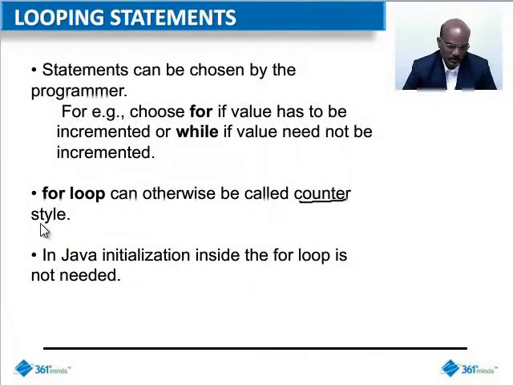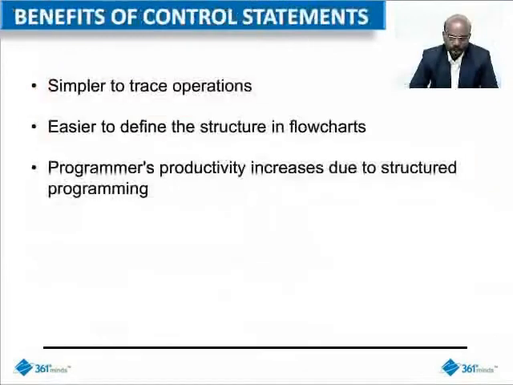The for loop is very simple. Usually programmers use the for loop quite often rather than the while loop. In Java, the initialization inside the loop is not needed for the for loop. So you can very easily create a program when you use the for loop. The benefits are a lot, because you can trace your operations as to where you started and where you ended.